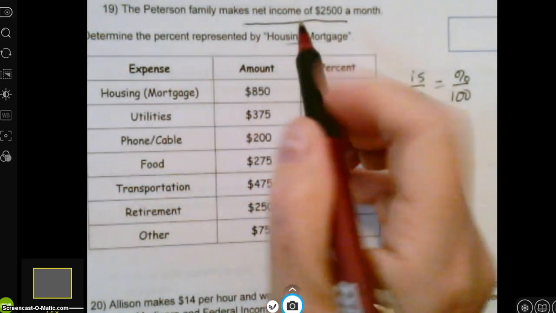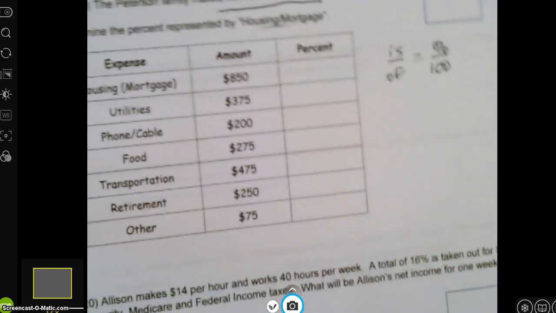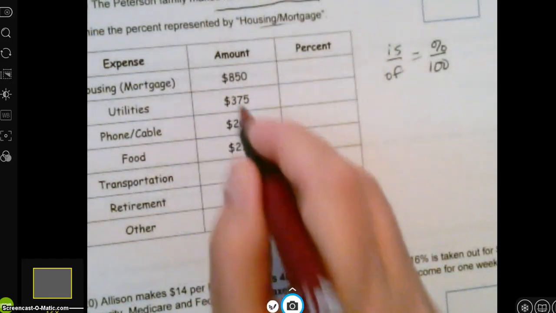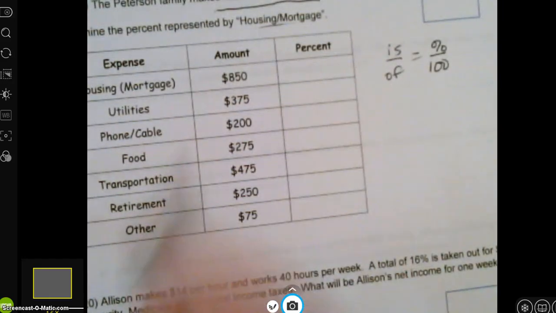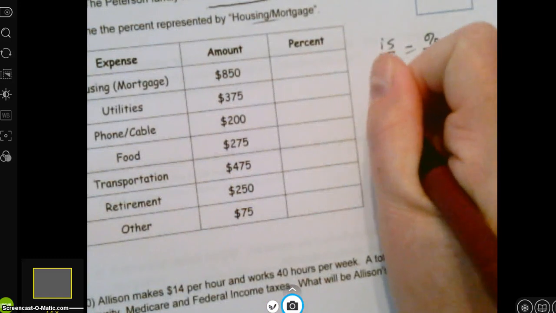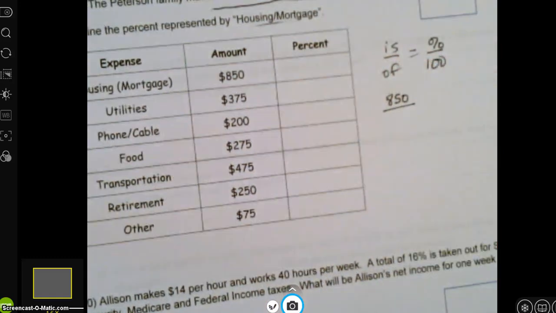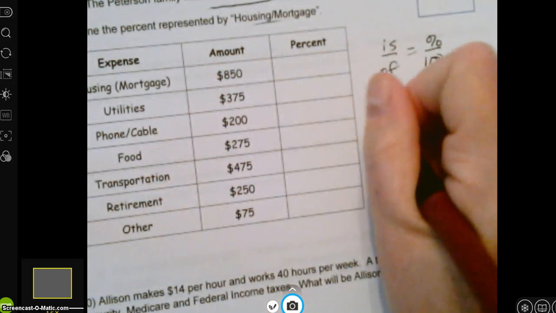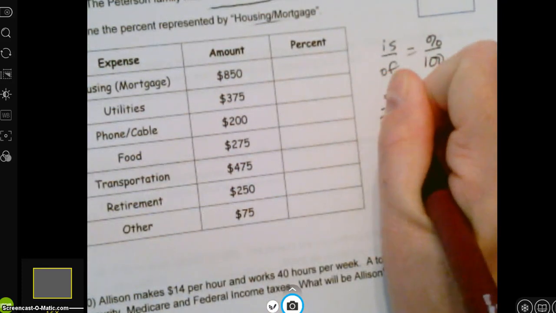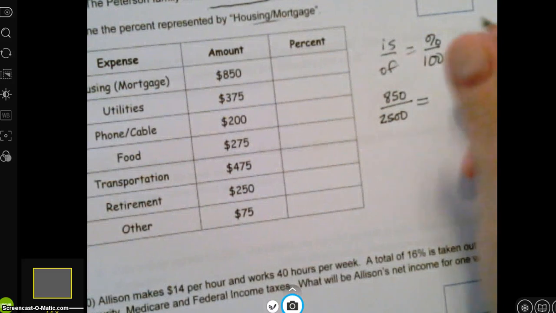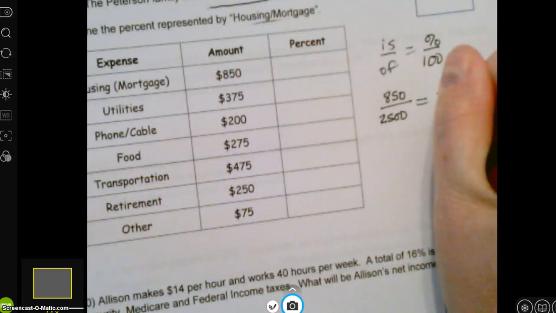Now we are only finding housing and mortgage, but we could do the same process to figure out any of these. So housing and mortgage is $850. Of is the total. We already have it, which is $2,500. If we didn't have it, we could add this up. Equals x over 100.